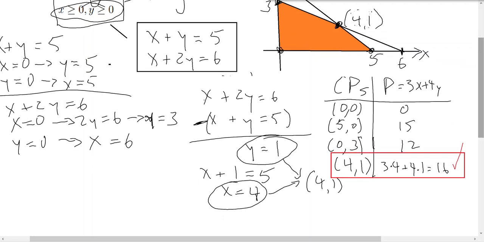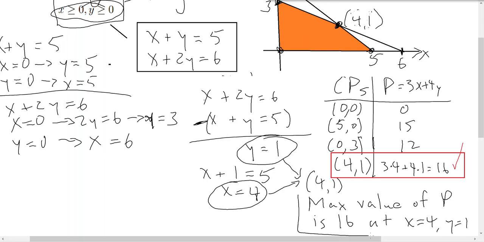So that tells me that the maximum value of P is 16, and that's at x equals 4, y equals 1. All right, so that's my answer.